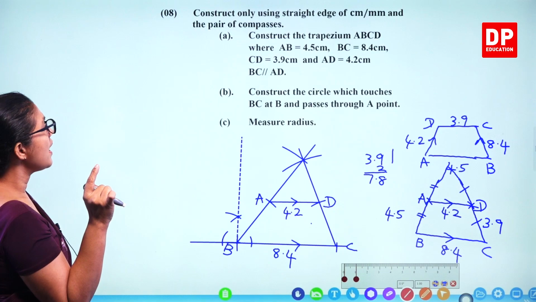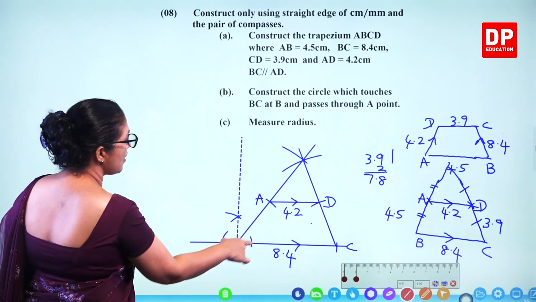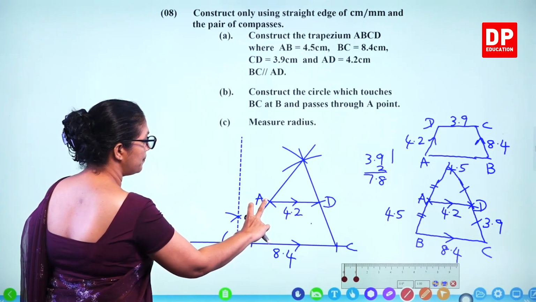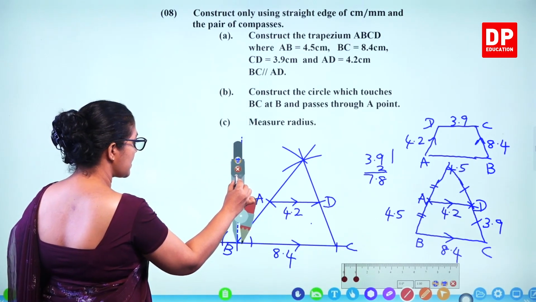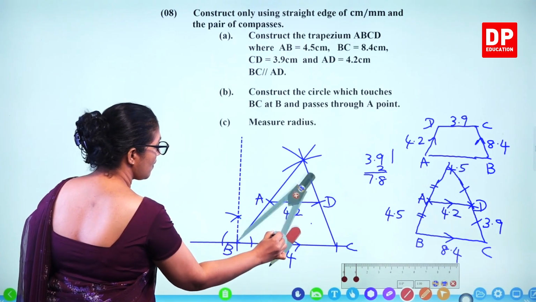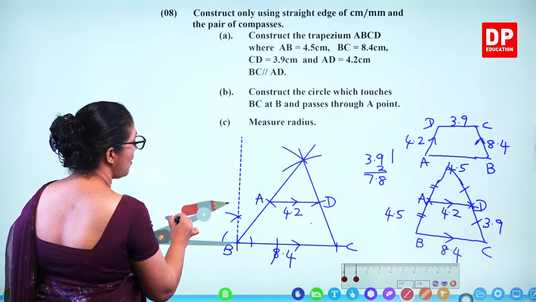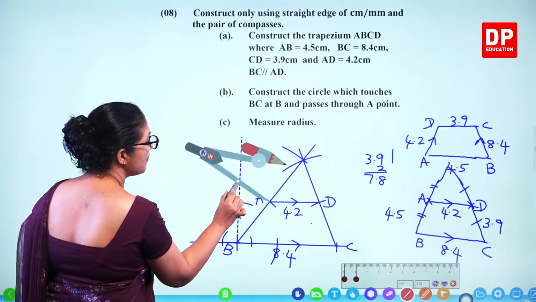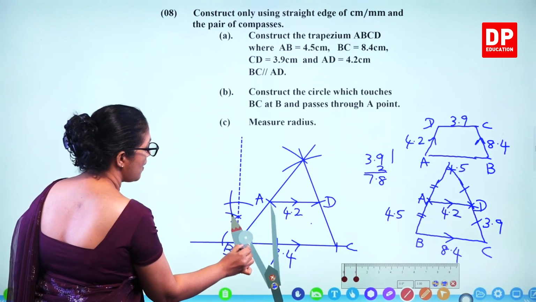And then what you have to do? Passes through point A means you need to draw the perpendicular bisector of AB. So take the compass and draw the perpendicular bisector now. We can draw an arc in the middle, arc above, and here keep it on top of A. Draw the other arcs.